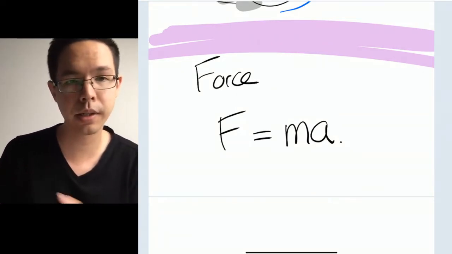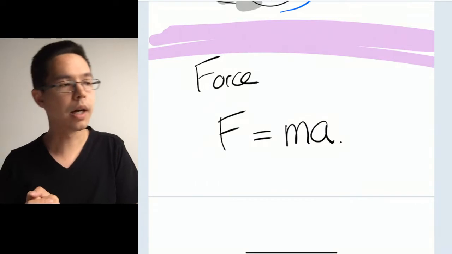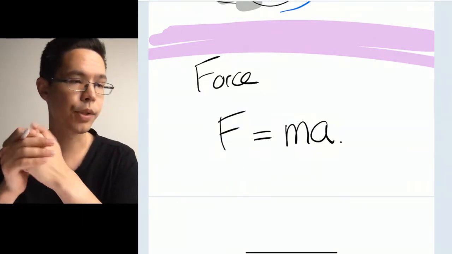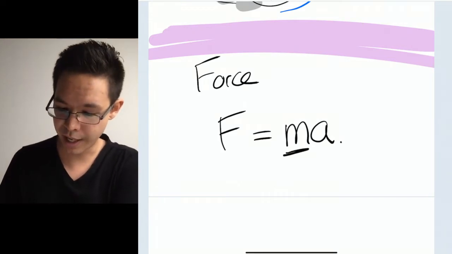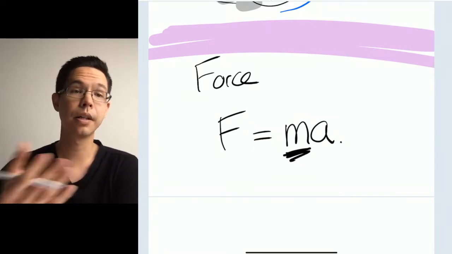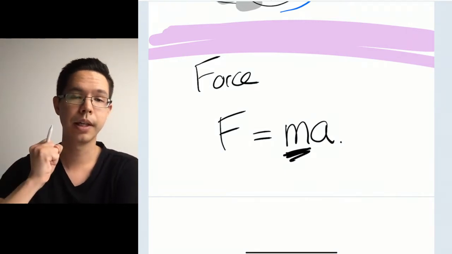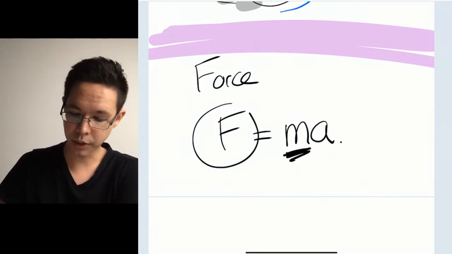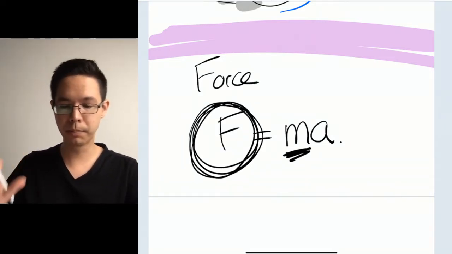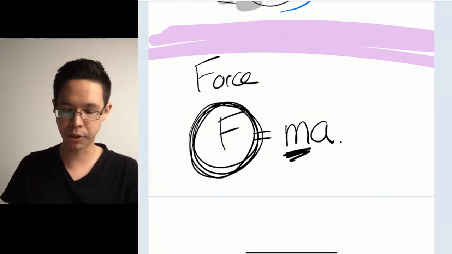So the more mass you have, the more difficult it will become to accelerate the object. So for example, if I have a very heavy shopping trolley and I push it with all of my strength, it'll accelerate very slowly. That's for a given maximum force, assuming I'm pushing the trolley as hard as I can in every situation.